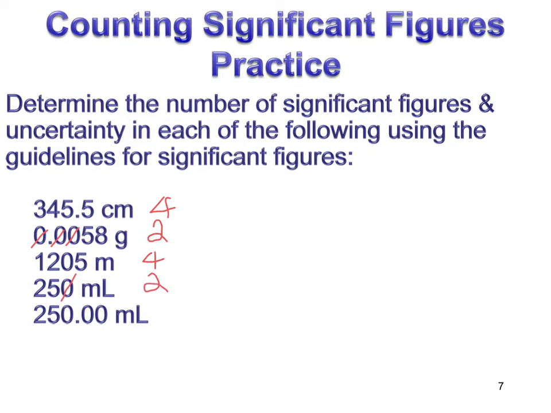Lastly, 250 milliliters at the bottom has 5 total significant figures because the 3 zeros at the end count. They count because there is a decimal in the number. So there is a total of 5 significant figures.